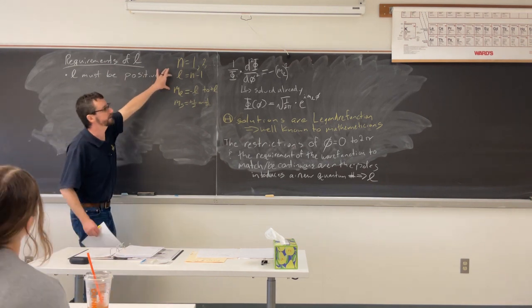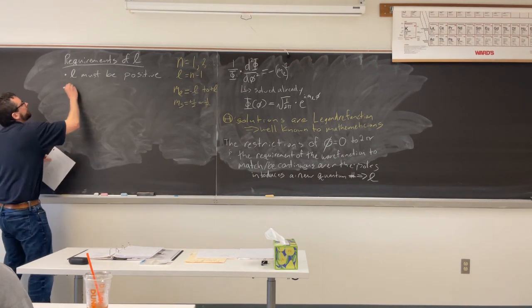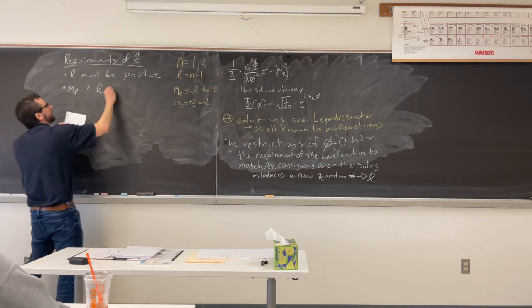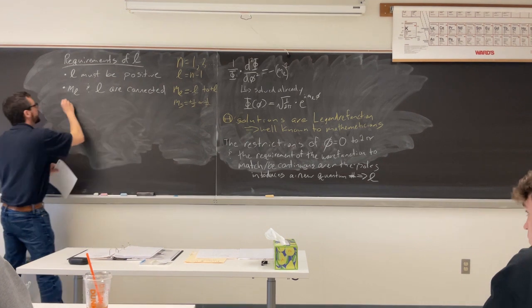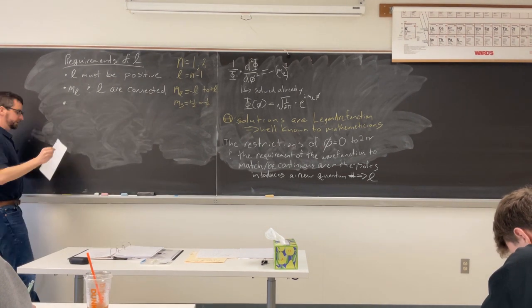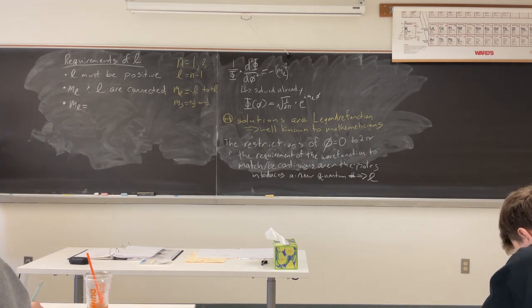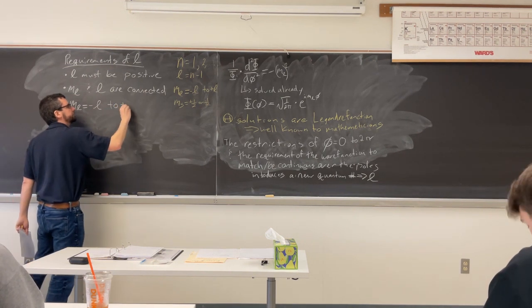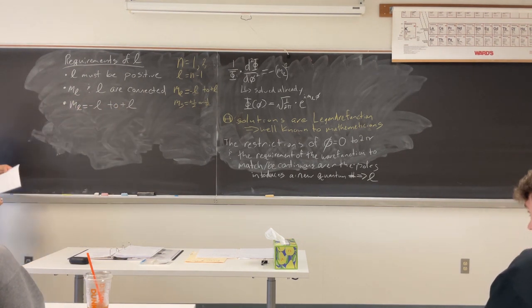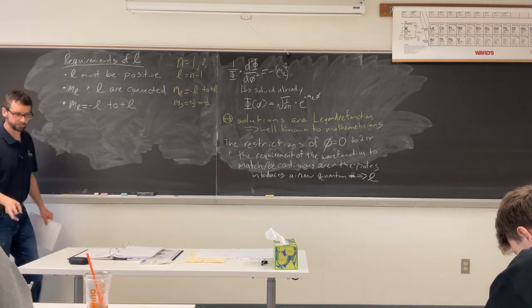But these two are connected, and that's an important point. M sub L and L are connected. And then you already told me what the rules for M_L are, but just reiterate them again. Yeah. Okay, so we have a new quantum number.